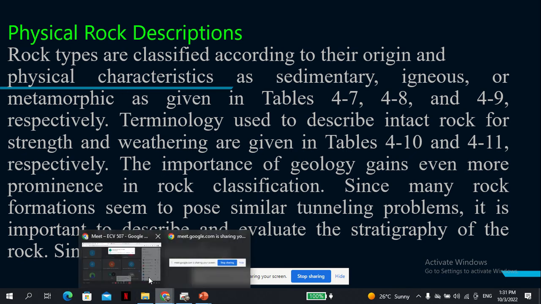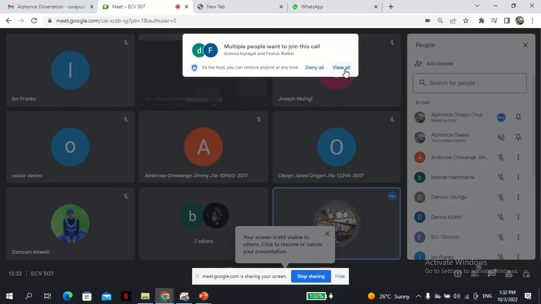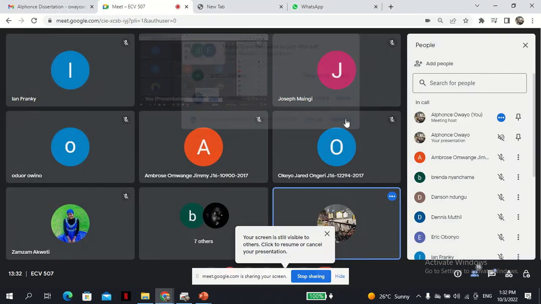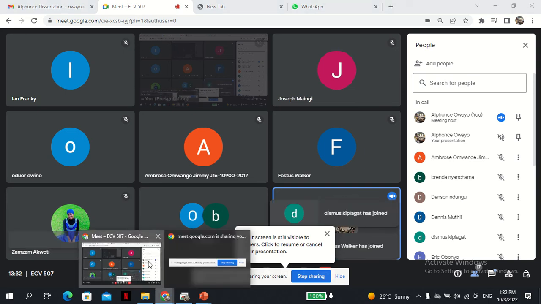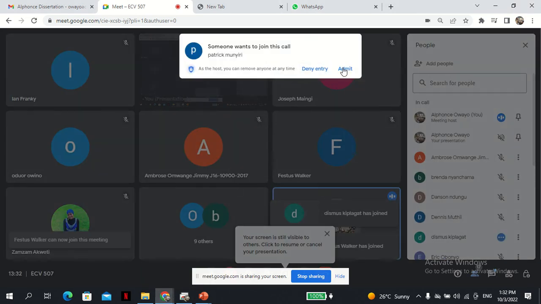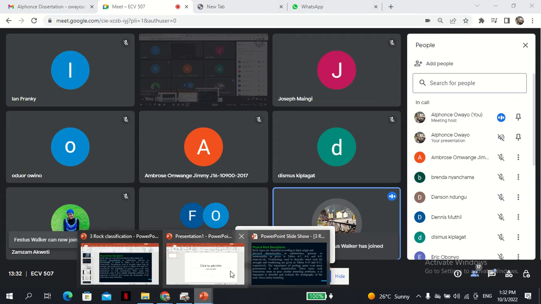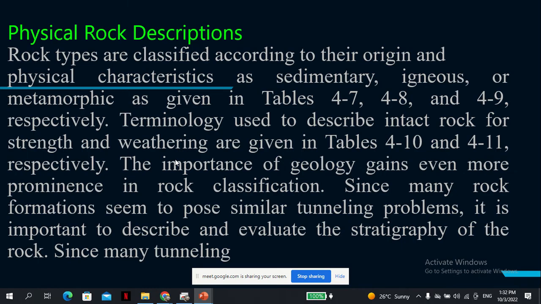From that grading, very good rock is from 81 to 100, good rock is 61 to 80, fair rock is 41 to 60, and poor rock is 0 to 40.